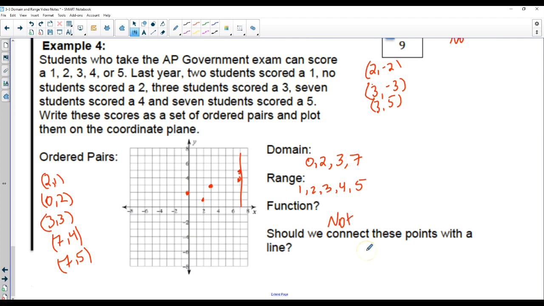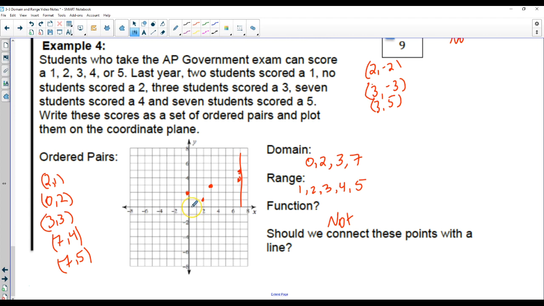This is an interesting question. Should we connect these points with a line? Remember, connecting points with a line implies that you could put in fractions. You could say 0.1 and see what that value is, and 0.2 and so on. So in this case, it doesn't really make sense to connect it with a line, because your x values are how many students.